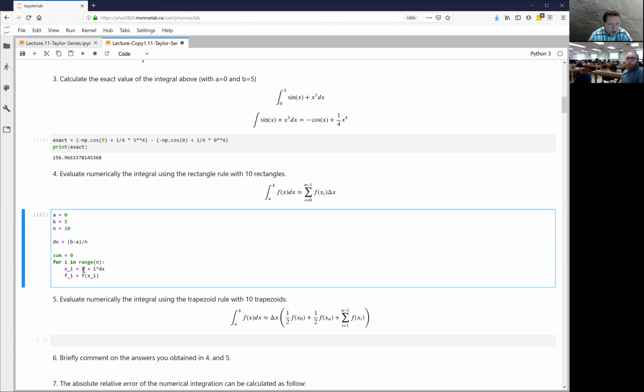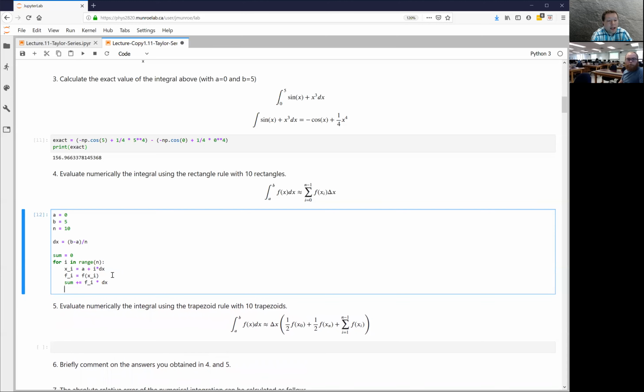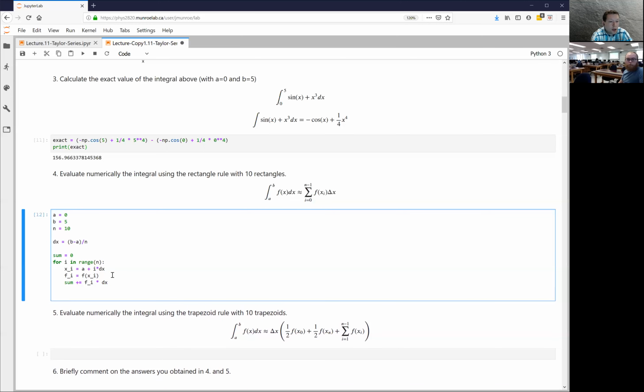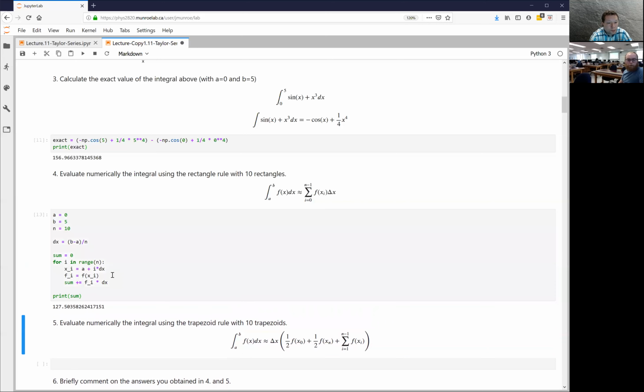The first value is a, the second value is a plus dx, the third value is a plus 2 times dx. We're evaluating the function at each point. And then we can just add it up by taking the sum of fi and multiplying by dx. And then finally, we can print a little print statement.